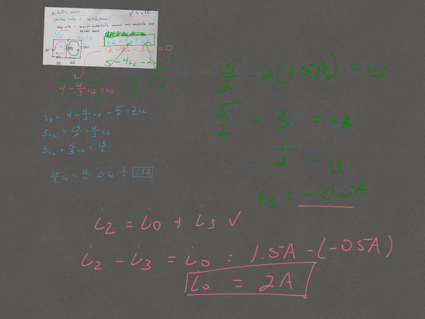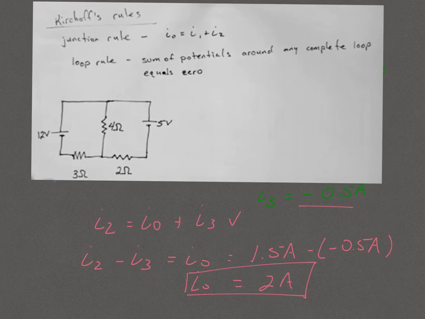All right, so let me pull up that picture. Okay, here it is. What we ended up with is that I naught, which is going this way, is 2 amps. But then it splits, and we have that current going this way of I3 and this one of I2, where we said that I2 was 1.5 amps, and this one, now that it's going in the correct direction, would be 0.5 amps.